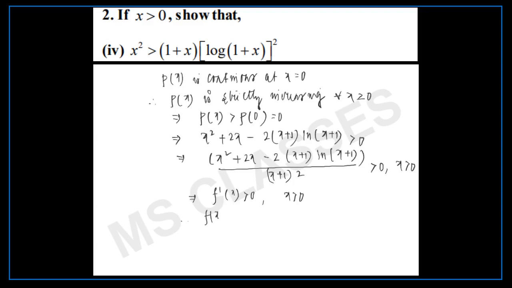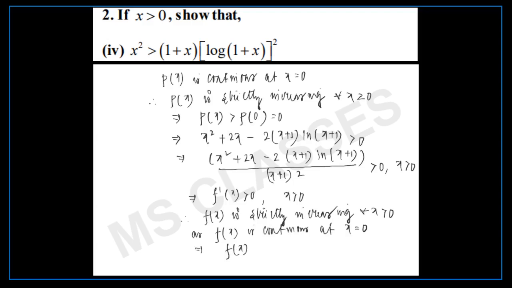Therefore, f(x) is strictly increasing for all x greater than 0 as f(x) is continuous at x equal to 0. This implies f(x) is strictly increasing for all x greater than or equal to 0.